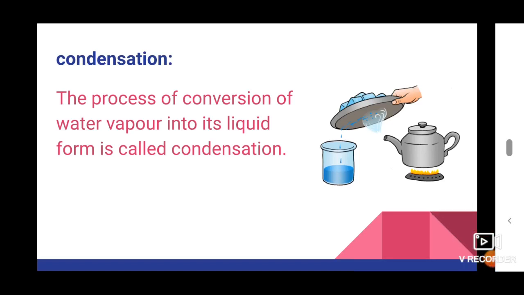In this process, liquid water is converted into water vapor, that means gaseous form. The condensation process is just the opposite of evaporation. Here, the water vapor is converted into water. In this way, we can separate the salt from salt water.